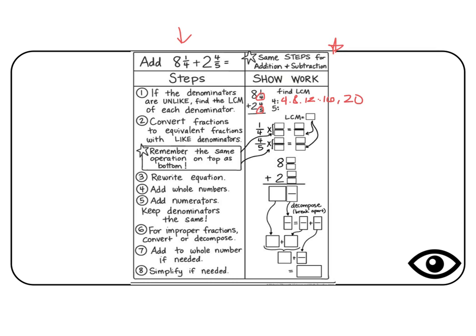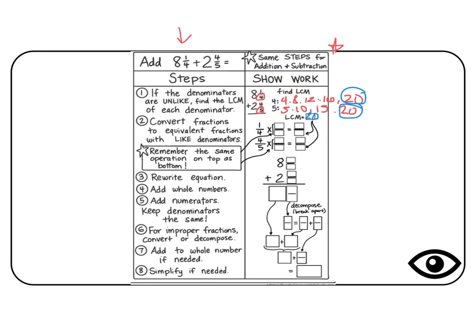And we can do the same with our 5s: 5, 10, 15, and 20. So here I'm noticing that we have 20 on both of our numbers. So we can change our denominator to 20.